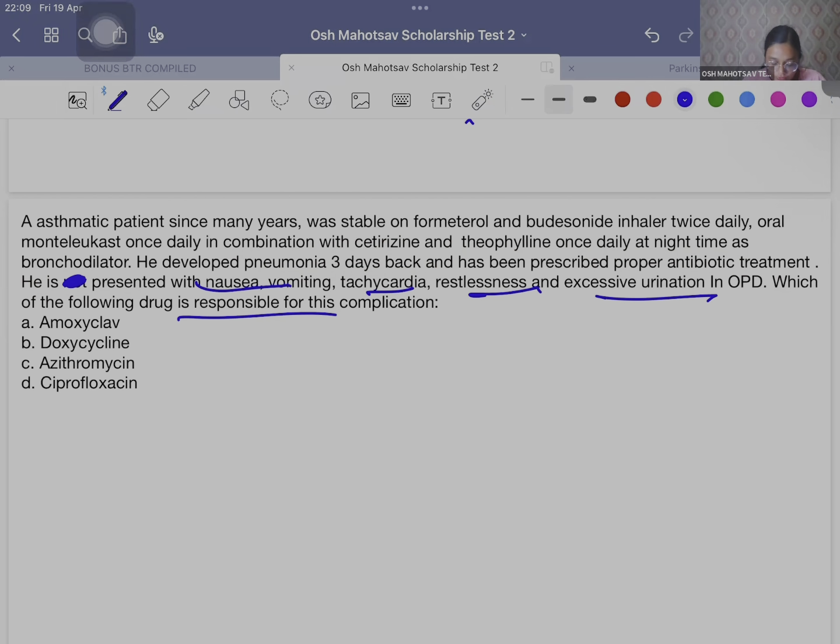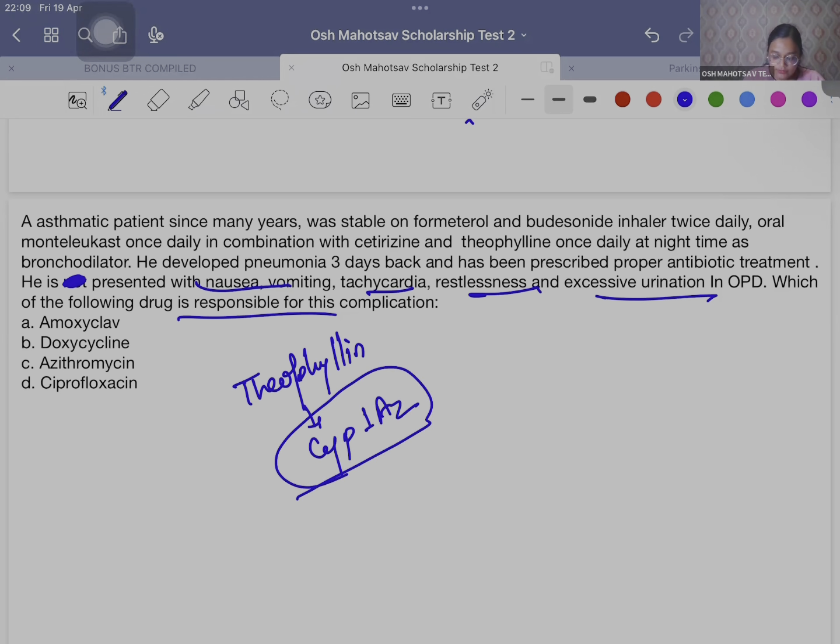Okay, so theophylline is metabolized by cytochrome P1A2, and this enzyme is inhibited by a few drugs. Those drugs include antibiotics, and from antibiotics the main ones are ciprofloxacin and erythromycin. The others are cimetidine, OCP, and allopurinol.